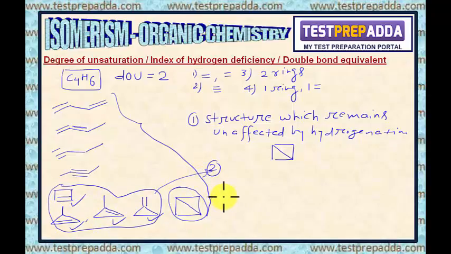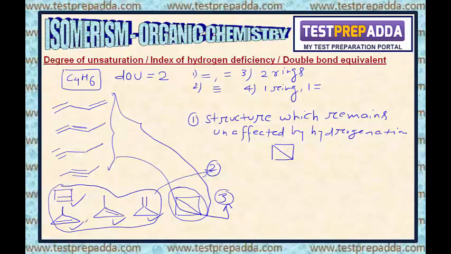Now if you are asked to write those structures which can react with two equivalents of H2, it will be either two double bonds or one triple bond. So these are the cases which can consume two equivalents of H2.